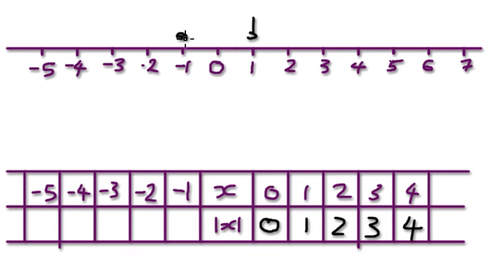Now when x is -1, the absolute value of x will be 1, because you only care about the magnitude. When x equals -2, it will be 2, because you only care about the length. When x equals -3, it will be 3, and likewise for -4, -5 and so on.